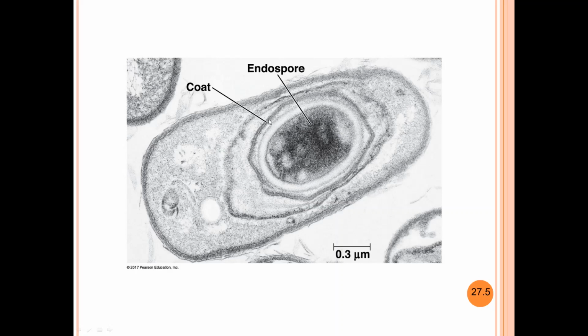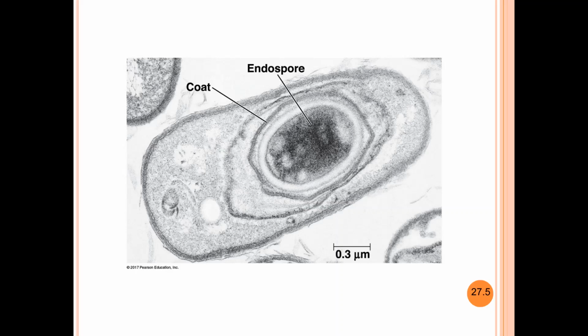And what the endospore is, it's a dormant cycle or a dormant time period within the life cycle of the bacterium. So if, for example, the bacterium finds itself in an inhospitable environment, then it will produce an endospore, and that allows it to kind of overwinter, become dormant. It's very tough.